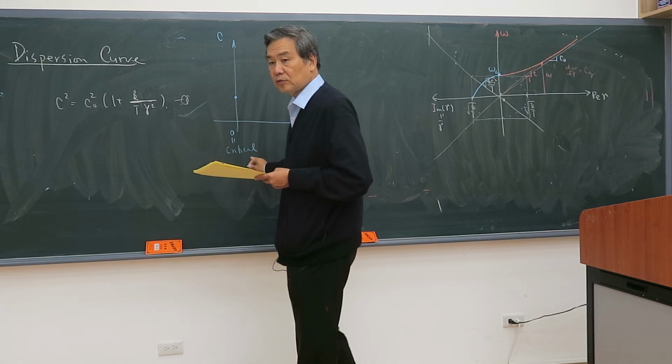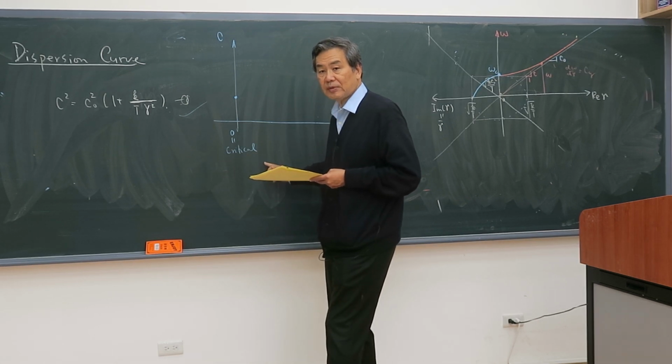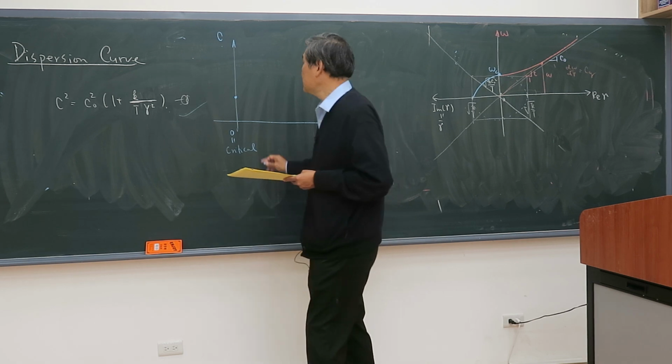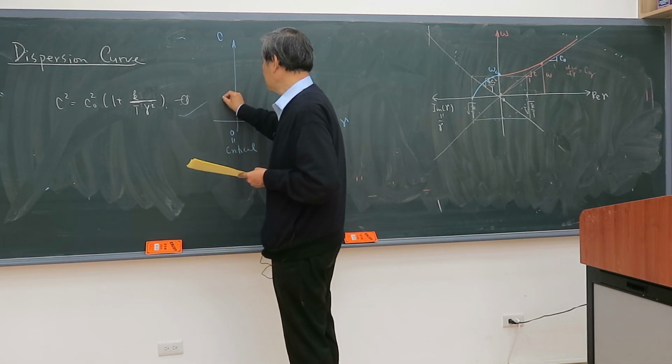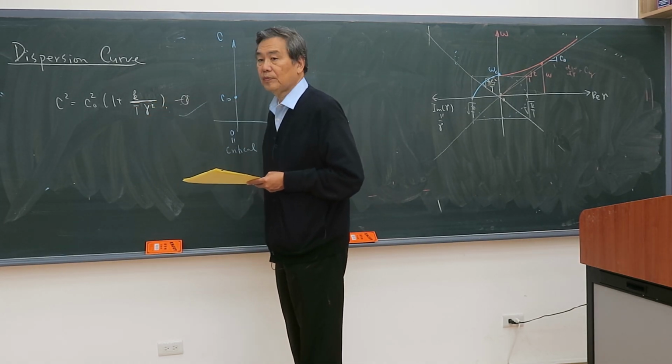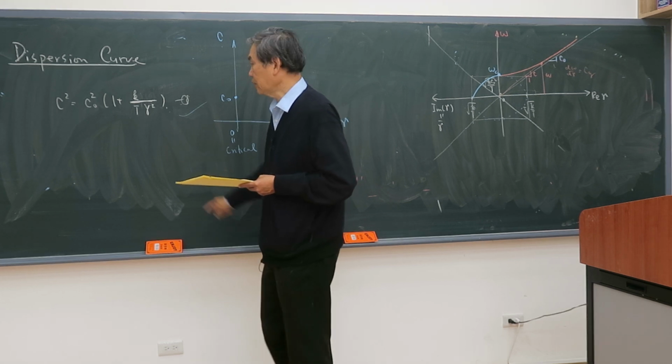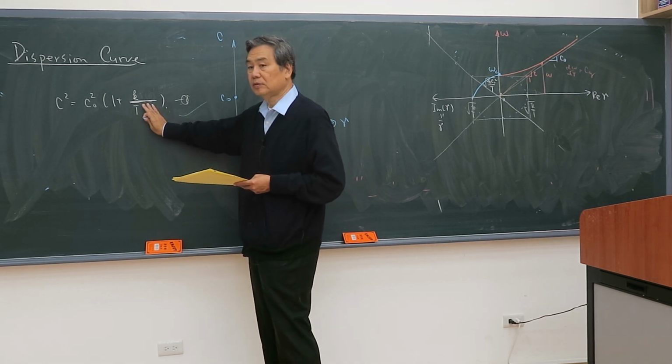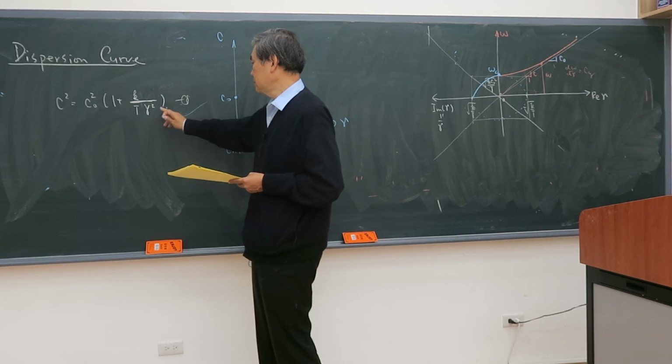Critical solution. So C is equal to C0, for gamma equal to 0.